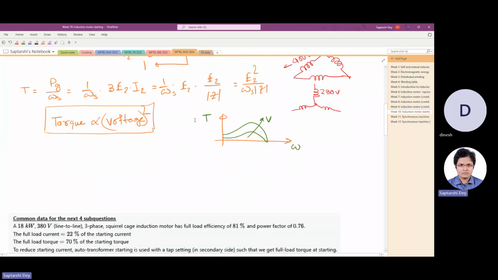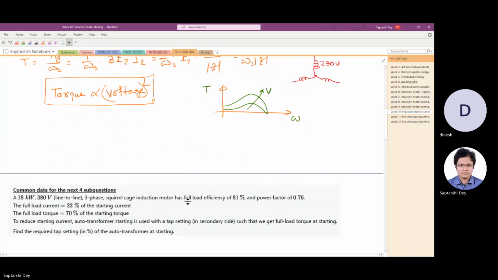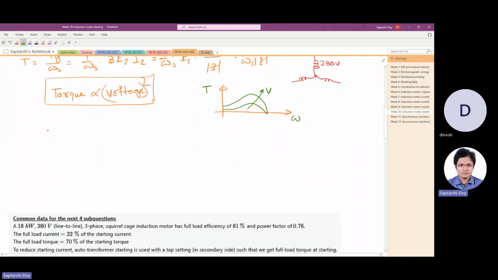So when we have an auto transformer, it is simply like this. If you have tapping at X, and if you have V1 here, then what you are getting is X V1.